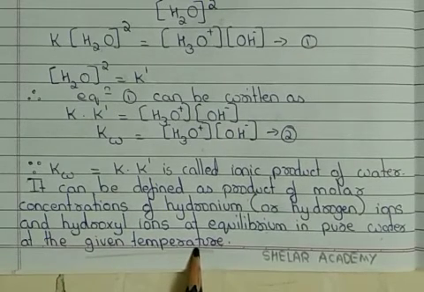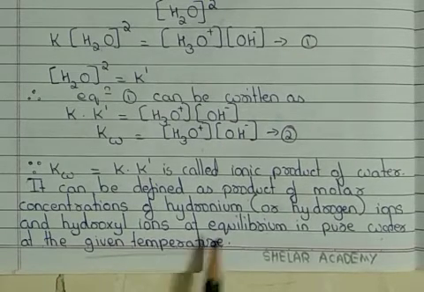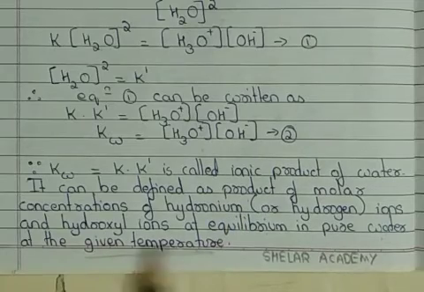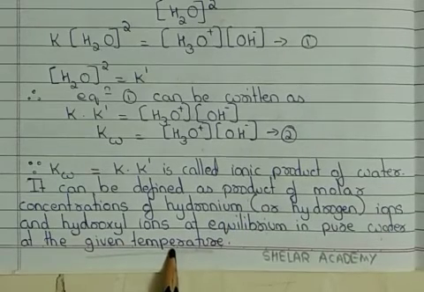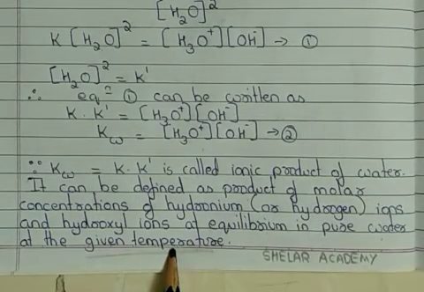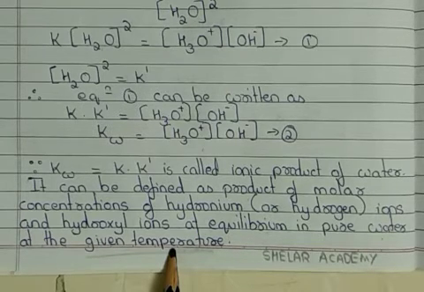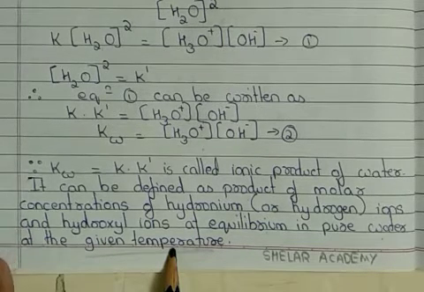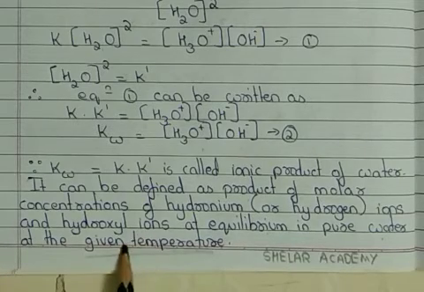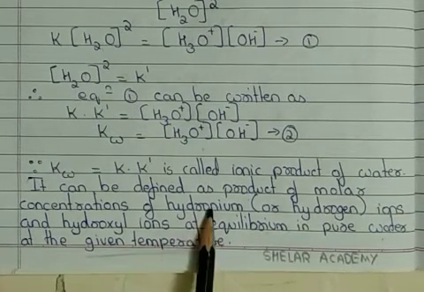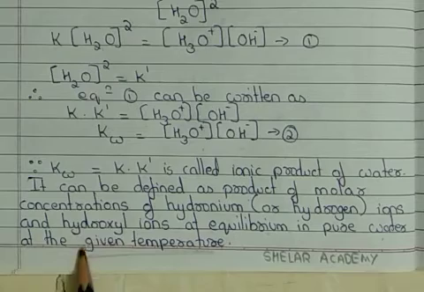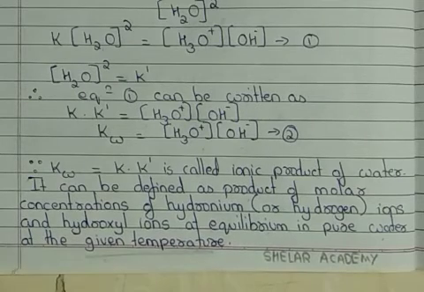This is a very important point, that the concentrations are measured at a given temperature, because if the temperature changes, the equilibrium will also change, because the concentration of hydronium ion and hydroxyl ion will change. So definitely the Kw value will also undergo a change. So it is a very important point in the definition that these concentrations are mentioned at a given temperature.